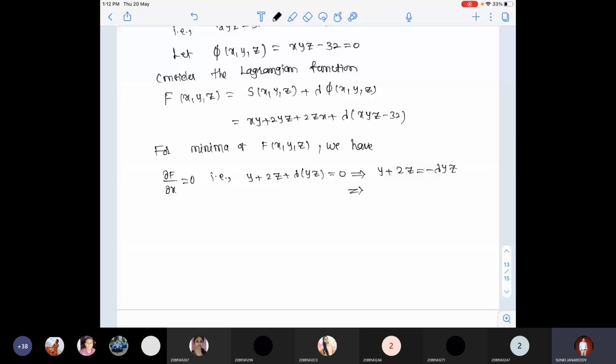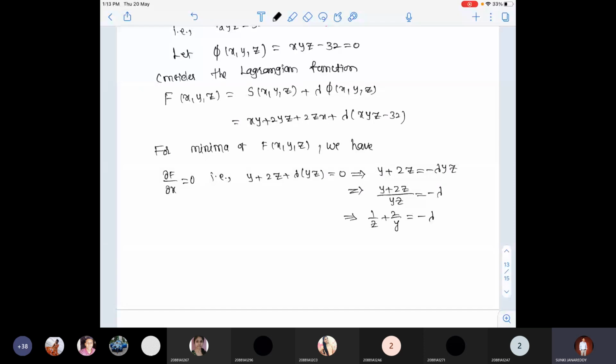Dividing individually, we get 1 by z plus 2 by y is equal to minus lambda. Take this as equation number 2. Next, what is the dou f by dou y value?